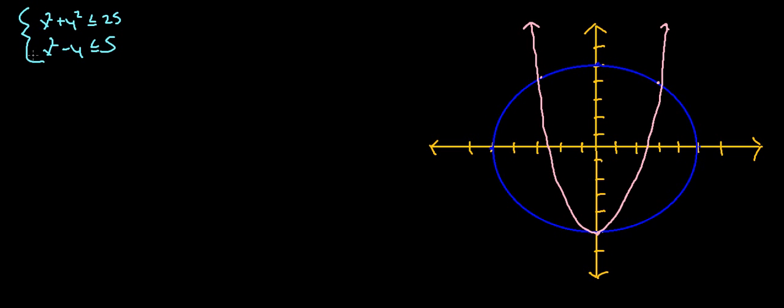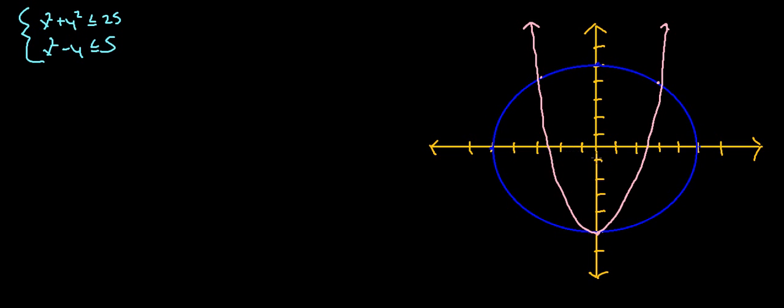The way to solve for these is the same as for linear inequalities, where I'm looking for the set of points where this inequality is true. And the best way to do that is by graphing it and then testing a point such as 0, 0. So for this circle, either inside of the circle will be true or outside of the circle will be true.